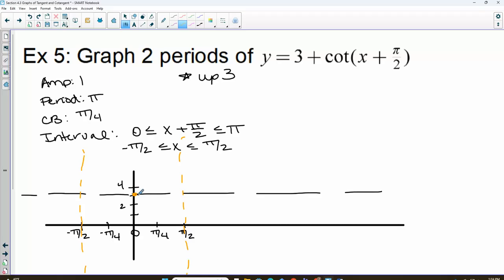Now, does cotangent increase or decrease? Decrease. So at -π/4, I'll be up 1. At π/4, I'll be down 1. I did ask for 2 periods, so we need 4 more points.